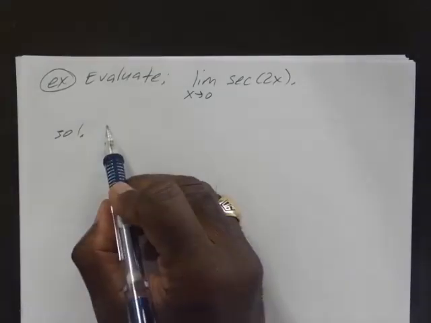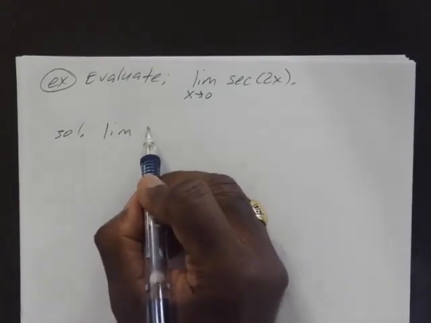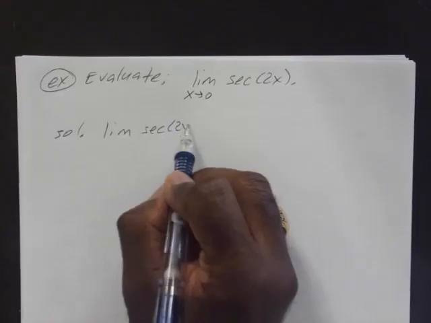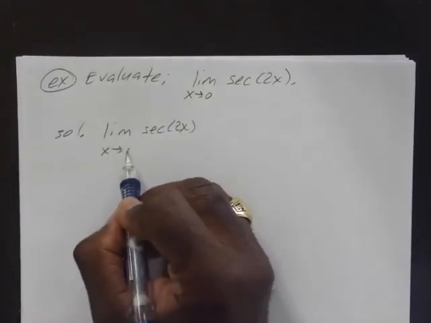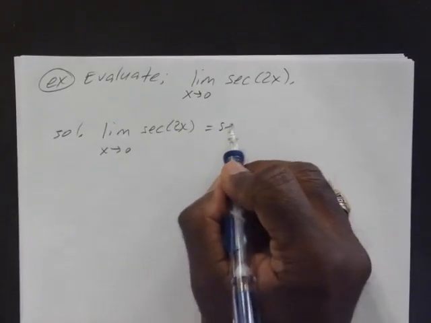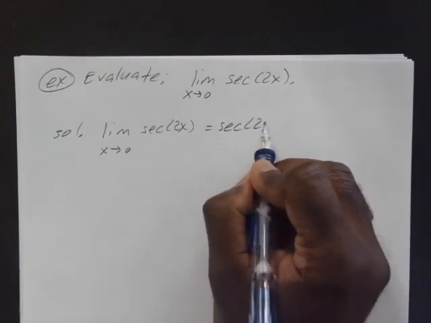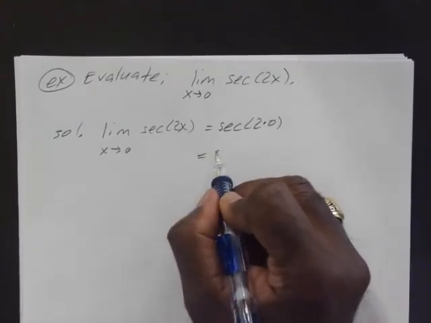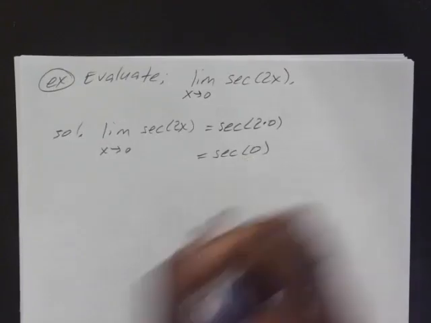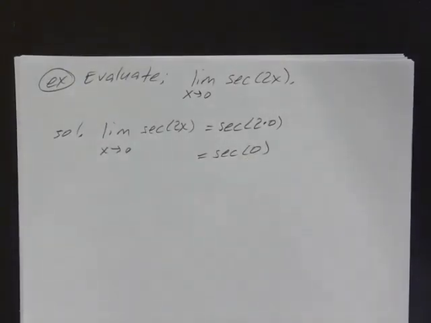Now, once again, we just use direct substitution. As x approaches 0 is just secant of 2 times 0, which is secant of 0.